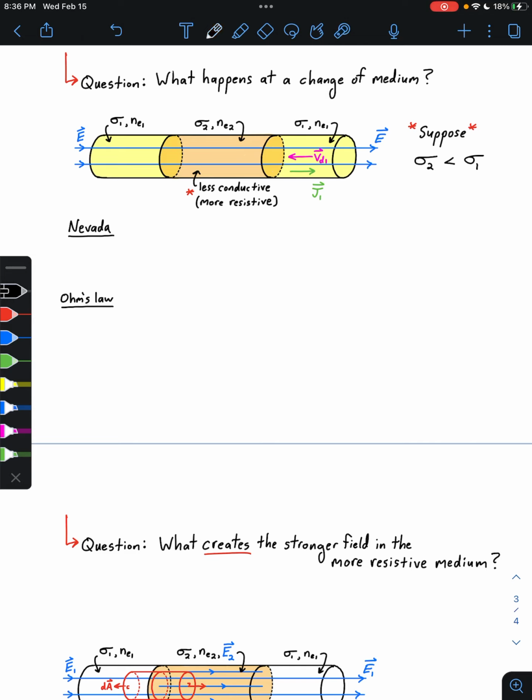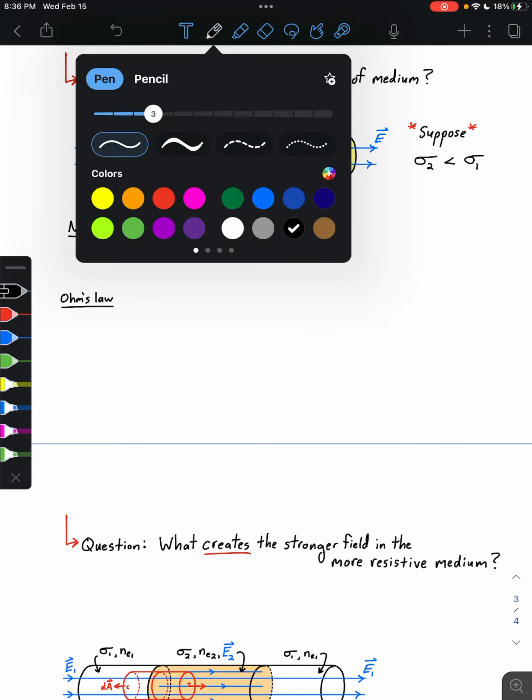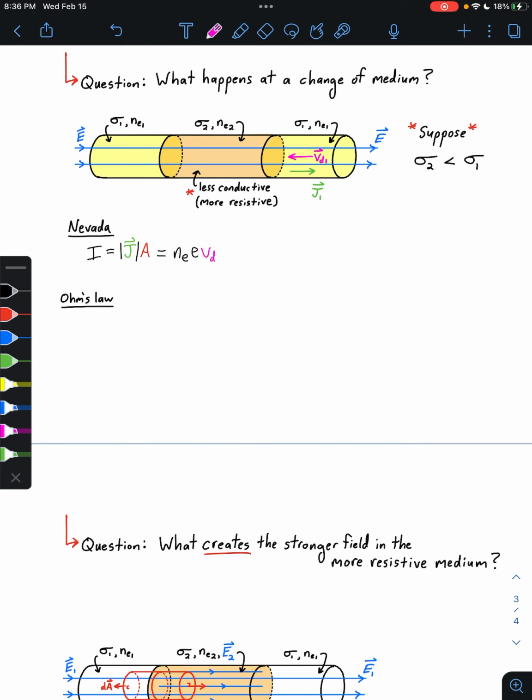All right, let's set up the Nevada equation. So the current entering into region 2 can be given by our current density times the cross-sectional area of our wire. And the Nevada equation says how that relates to our number density and our fundamental charge and our drift velocity and our cross-sectional area.